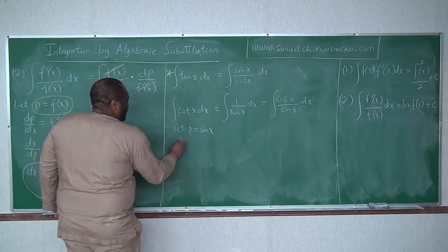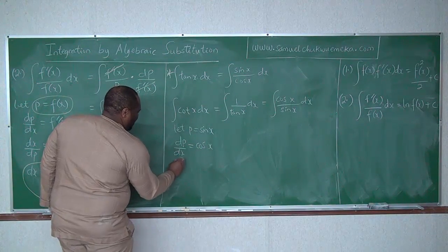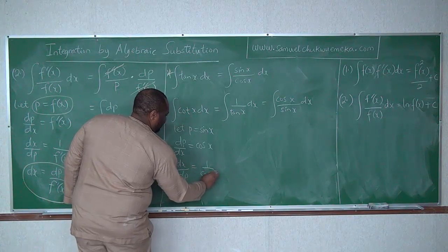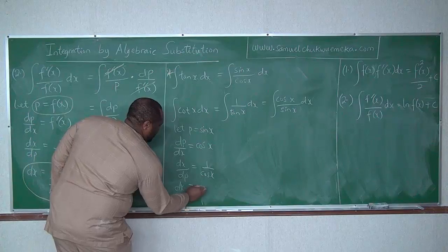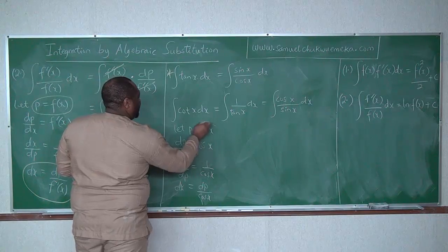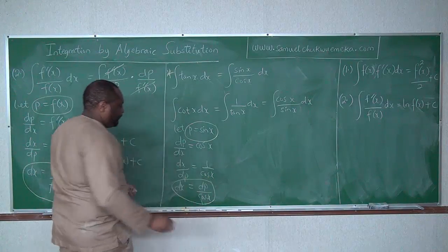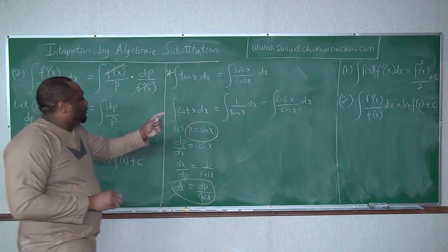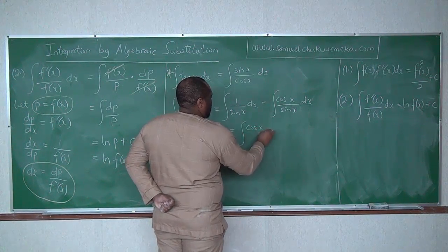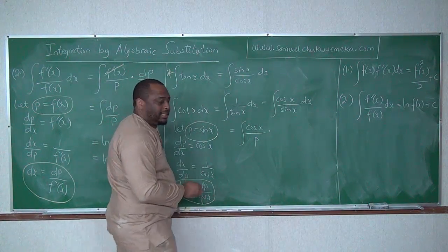So dP/dx is cos x, dx/dP is 1 over cos x, so our dx is dP over cos x. Now this gives us cos x over P times dx, and dx is dP over cos x.